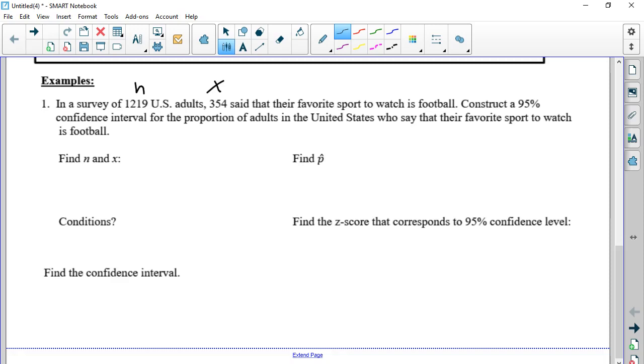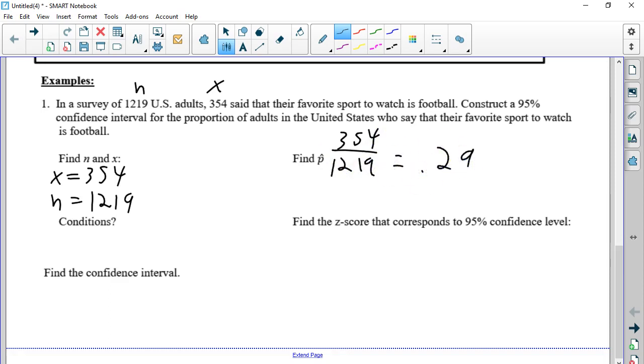So x is 354 and n is 1219. Now, p hat is just literally 354 divided by 1219, which is 0.29. In other words, 29% of the people said football was their favorite sport to watch.